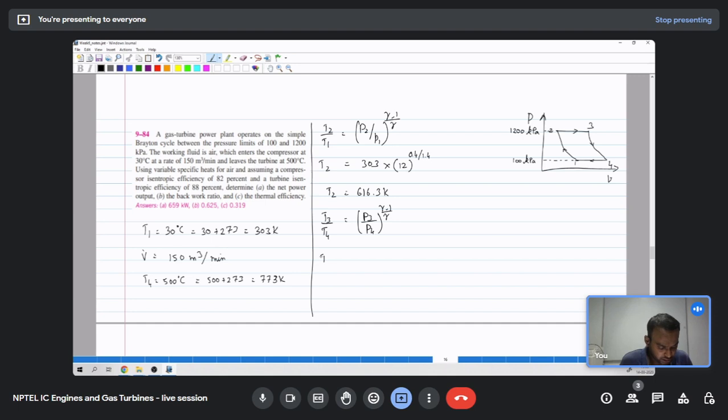We can calculate T3 as T4 into this pressure ratio, that is 773 into pressure ratio 12, on the power we have 0.4 by 1.4. And this is 1572 Kelvin.